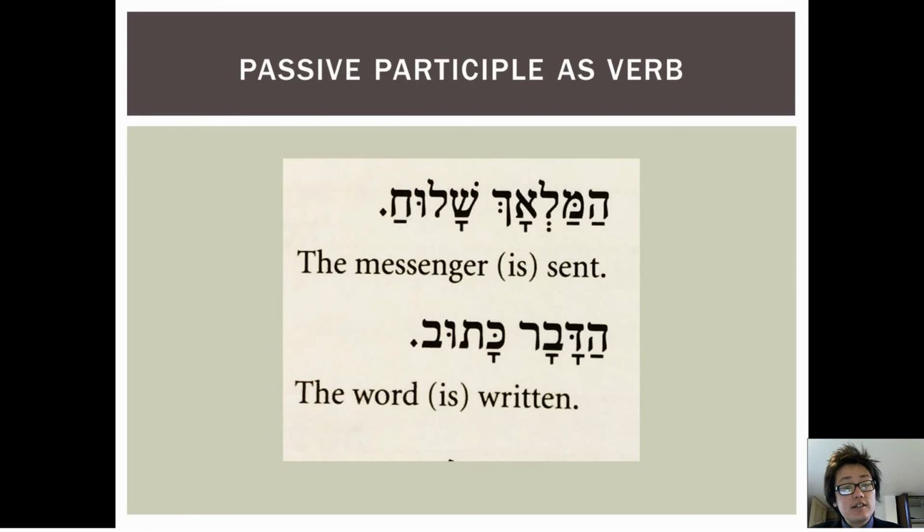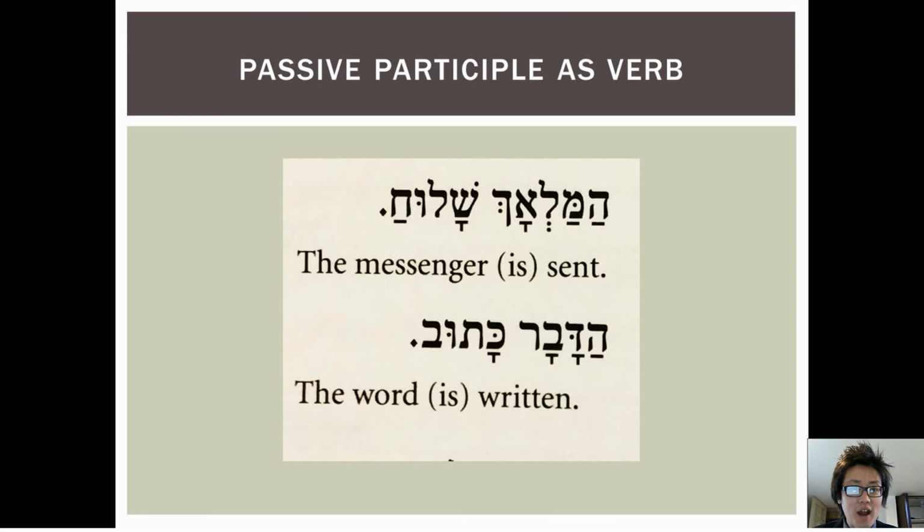So let's look again at the passive participle as a verb. Again, the passive participle can function just like the active one can, as a verb, as a noun, and as an adjective. So here we have a couple of examples of them functioning as verbs. Hamalach, shaluach. Malach is a relatively new word, and this refers to the messenger, or in this case, the messenger, because it has ha on the front of it. Try not to confuse this with melech.